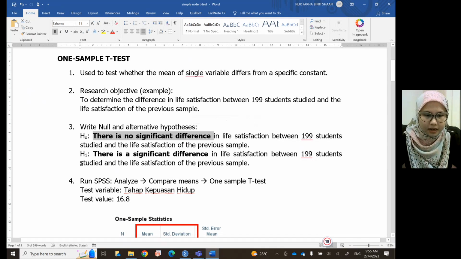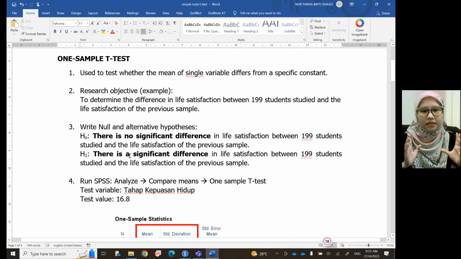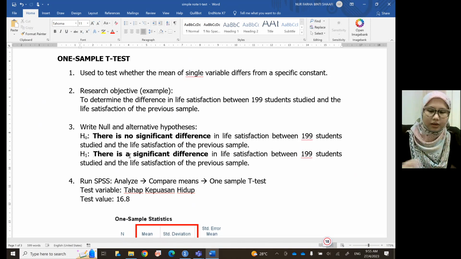But how about the alternative hypothesis? H1 is the alternative. The alternative hypothesis is there is a significant difference in life satisfaction between 199 students studied and the life satisfaction of the previous sample. It states that the mean value for life satisfaction in your current research study has a difference, not the same as the previous one.